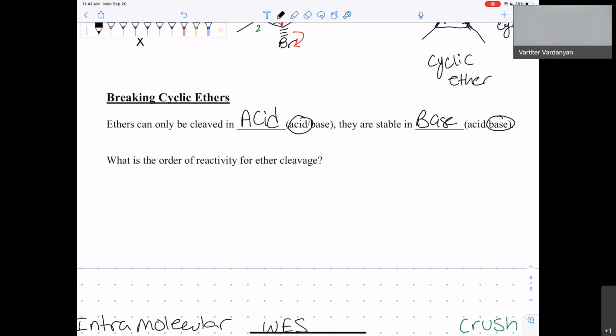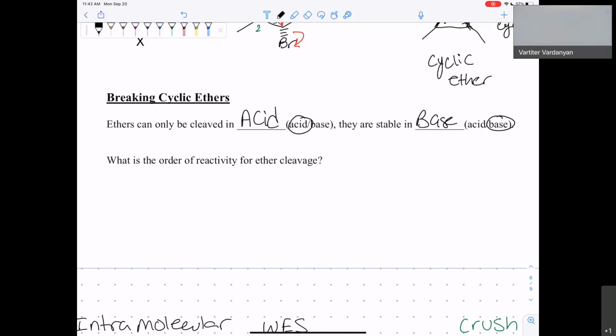This is one of my favorite things. There was the magnesium bromide saga, and now we have acids, right? So when we have the order of reactivity for ether cleavage, what does that actually mean?